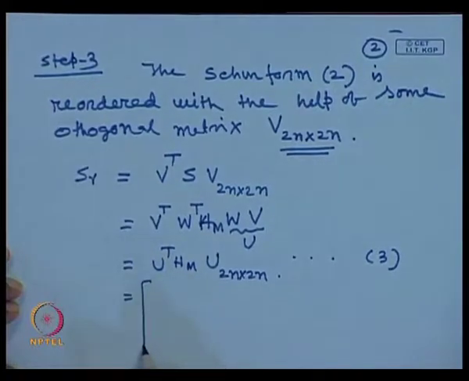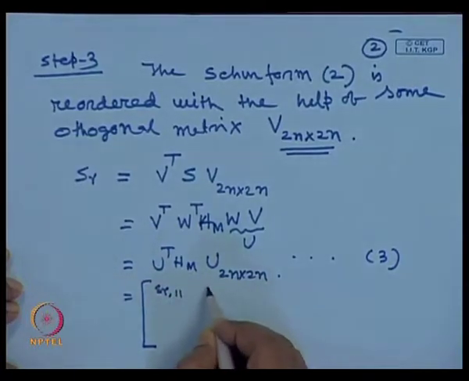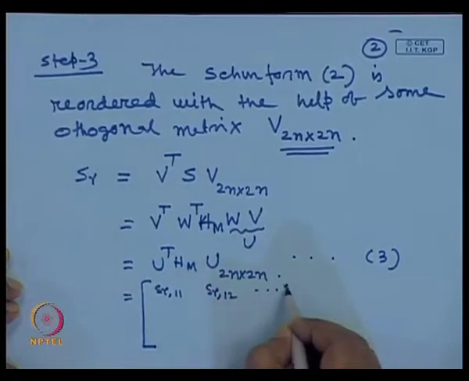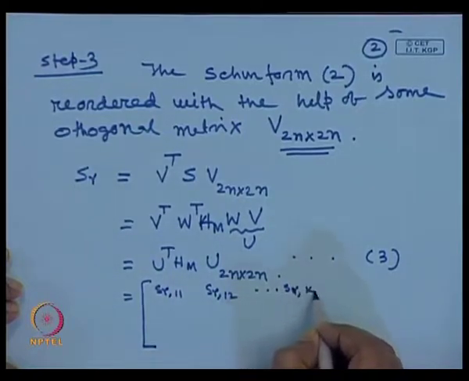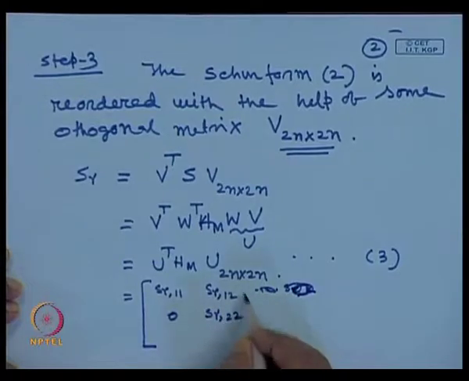of SR will be like this way: SR 11, SR 12, dot dot, SR 1K, then SR 22.